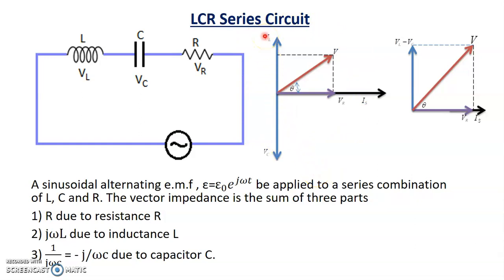Assuming that the voltage across the inductance is greater than the voltage across the capacitance, it can be written as VL minus VC or VR.